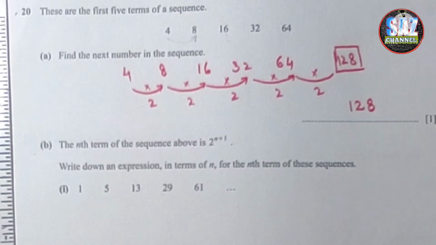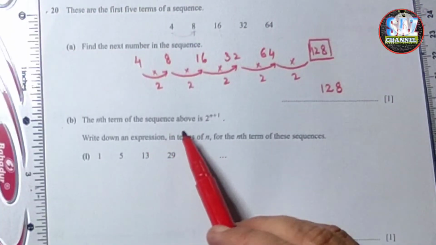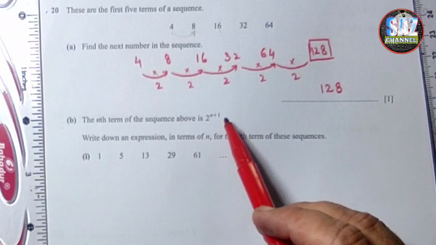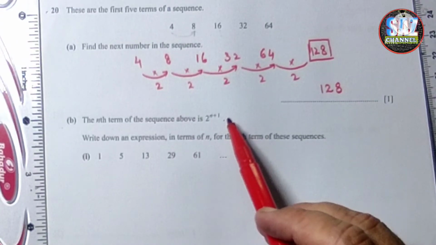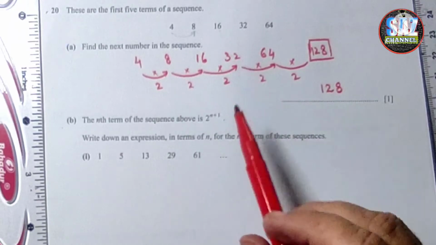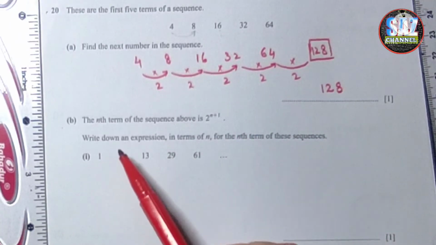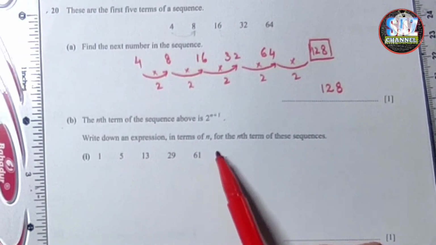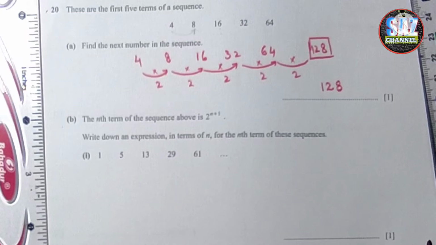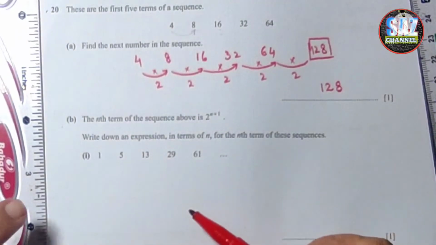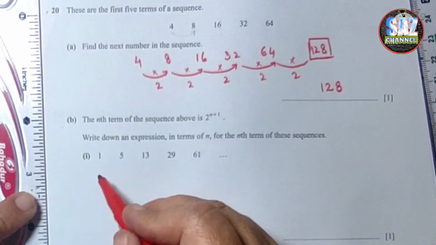The next part says the nth term of the above sequence is 2 raised to the power of n plus 1. The general term is 2 raised to the power of n plus 1 for the above sequence, and we have to write down an expression in terms of n for the nth term of the new sequence. Okay, now look, let me write both the sequences together.